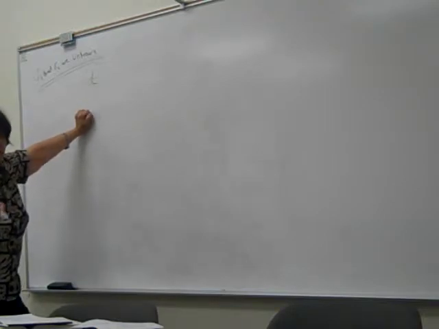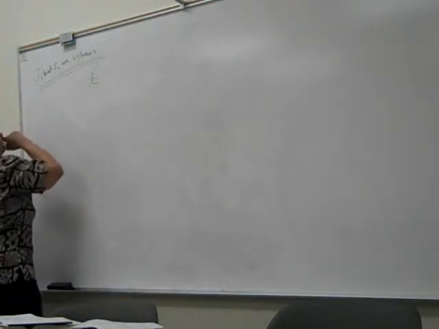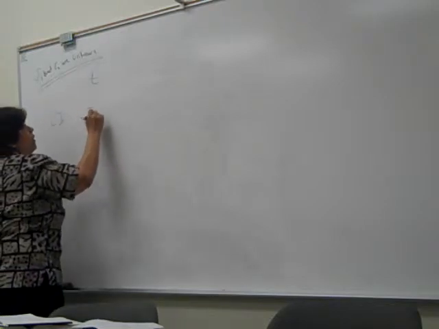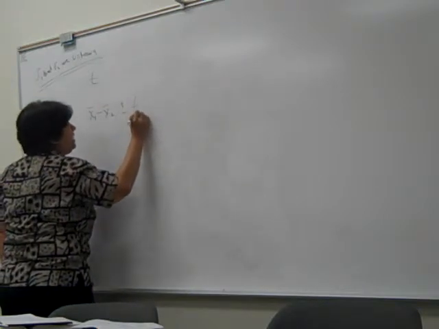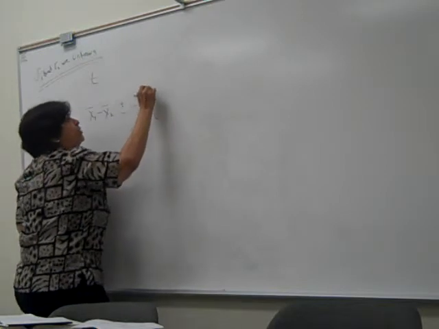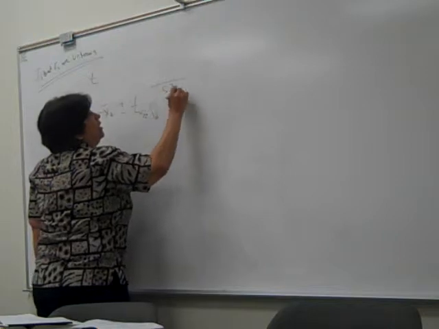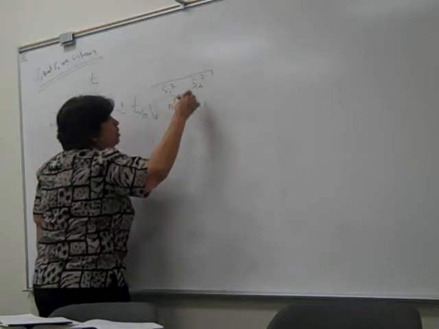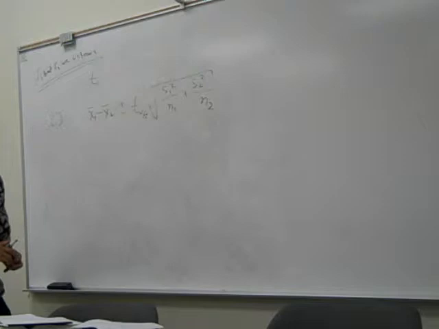The confidence interval is exactly the same thing, x1 bar minus x2 bar plus or minus, but instead of using Z we use t, and instead of sigma we use the standard deviations of the samples, s1 and s2.